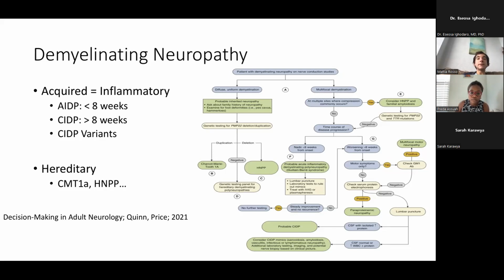The LP may be negative. The LP may not show protein in the CSF, especially if you're really early on in the course. The MRI may not have root enhancement, and I would not do an MRI routinely on these patients unless there's another reason.